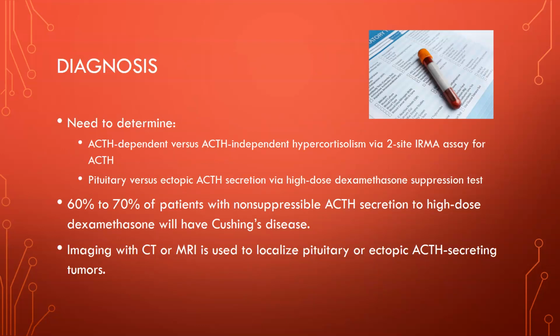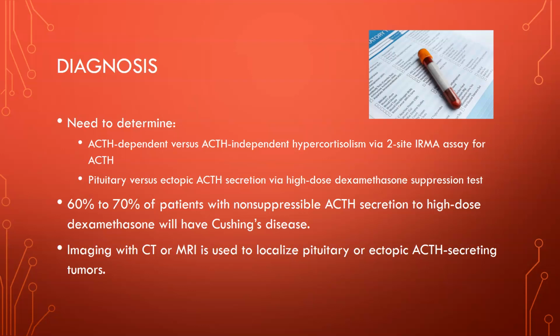For diagnosis, you need to determine if it's ACTH dependent versus ACTH independent hypercortisolism. You can do a two-side ARMA assay for ACTH. You also need to do pituitary versus ectopic ACTH secretion via a high-dose dexamethasone suppression test.